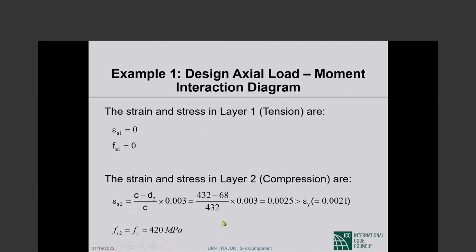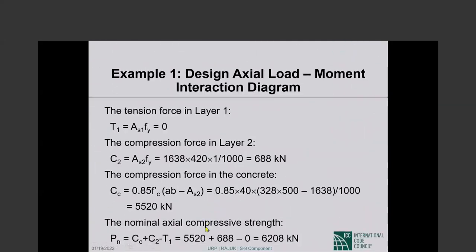So layer 1, the bottom layer, no strain. The upper layer, which is in compression, the strain is in excess of the yield strain, so the upper layer definitely yields. 420 MPa is the strength. There is no tension force.